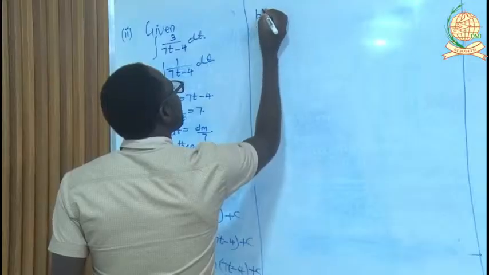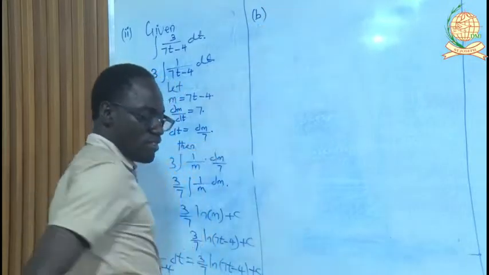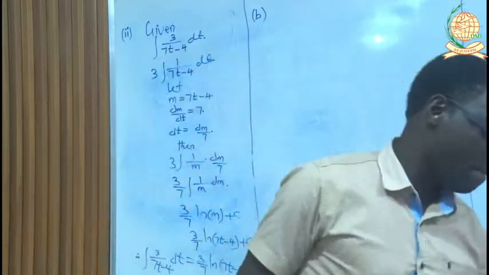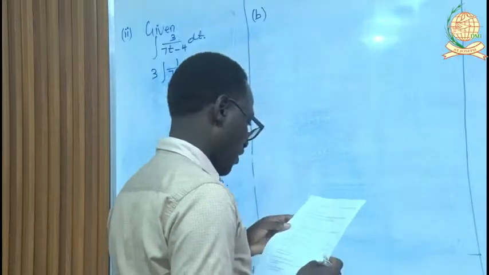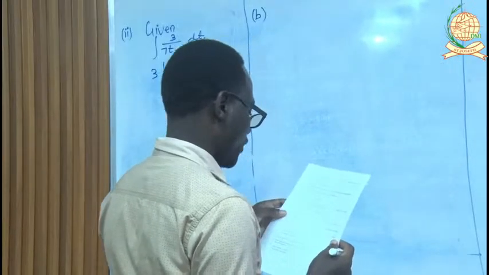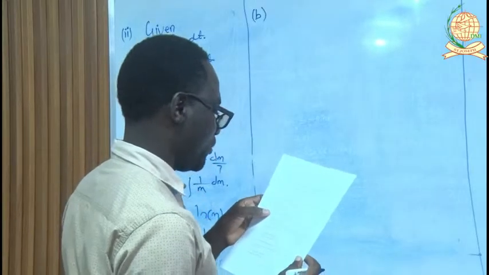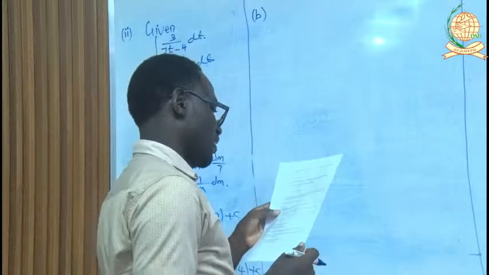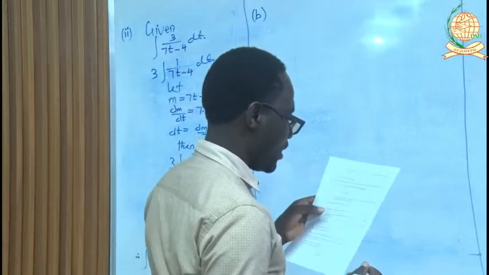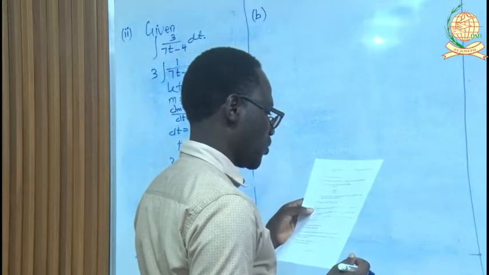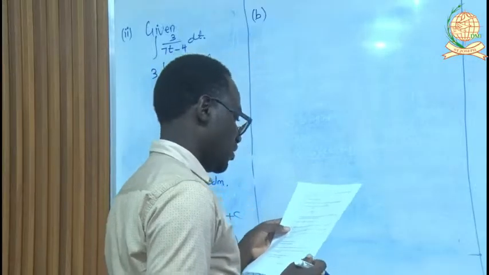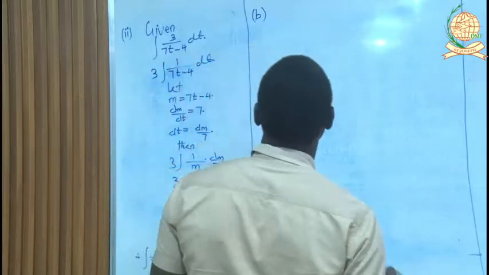Okay, question number 5b. The question says, determine the area between the curve and the line given by y equals x minus 1 squared and y equals x plus 1.